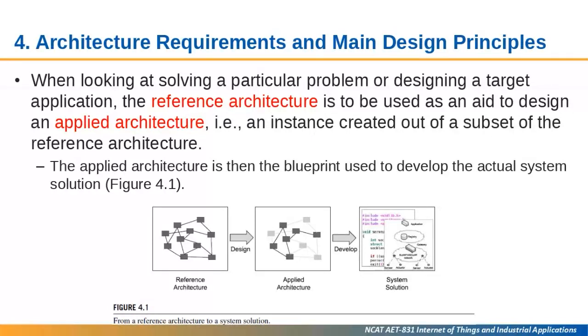The reference architecture is to be used as an aid to design and apply architecture. So this sentence describes the relationship between the reference architecture and the applied architecture. Reference architecture is a generalized model.